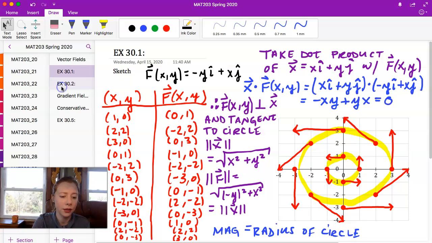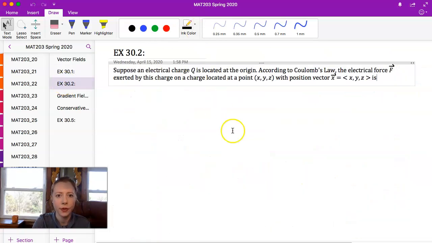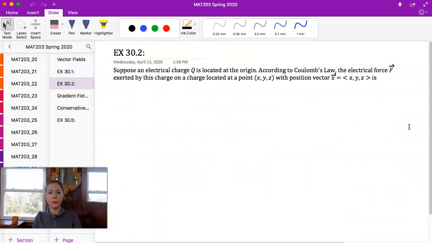And you can also do these in 3 dimensions as well. So let's suppose an electrical charge Q is located at the origin.